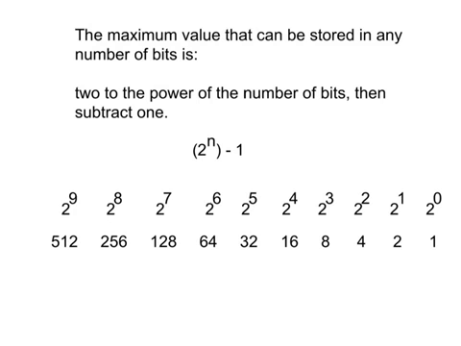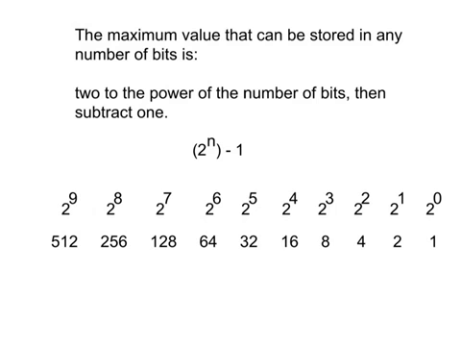Alright, so let me explain why this is. It might seem complicated at first, but it's actually extremely simple. So if you have 3 bits, the maximum value you can store is 7. Why is that? Well, because with 3 bits there are 8 total possibilities you can store, but one of those possibilities is 0, because we start counting with 0, and then we work our way up to 111, which is 7.